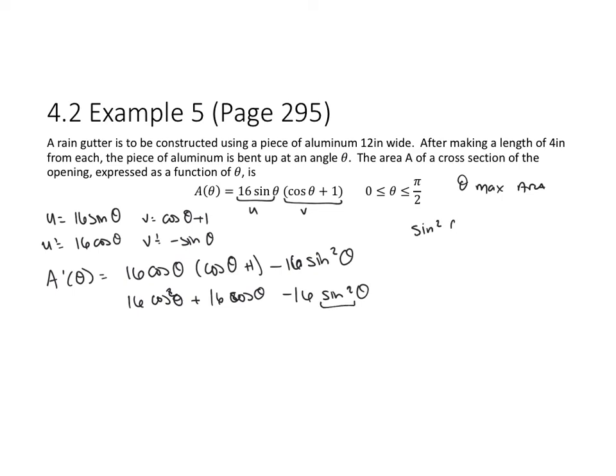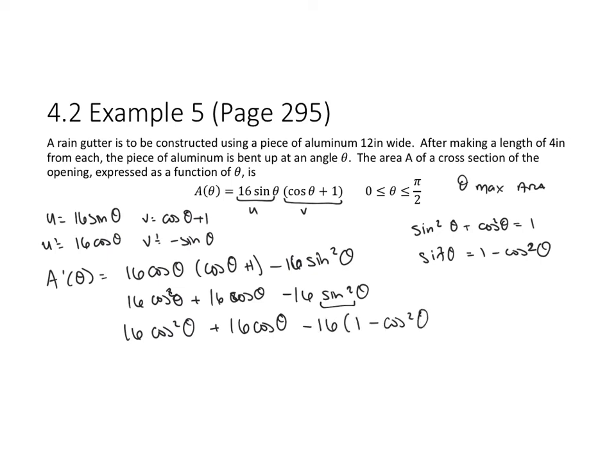Hopefully you remember the Pythagorean identity of sine squared plus cosine squared equals 1. Well, I can't use that explicitly right now, but what I do know is sine squared is 1 minus cosine squared theta. So let's use that. We're going to substitute that in for sine squared. So now I have 16 cosine squared theta plus 16 cosine theta minus 16 times 1 minus cosine squared theta.